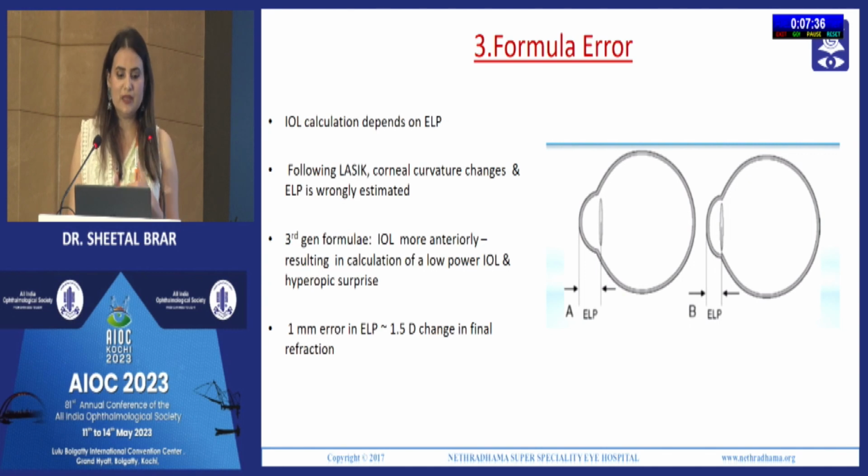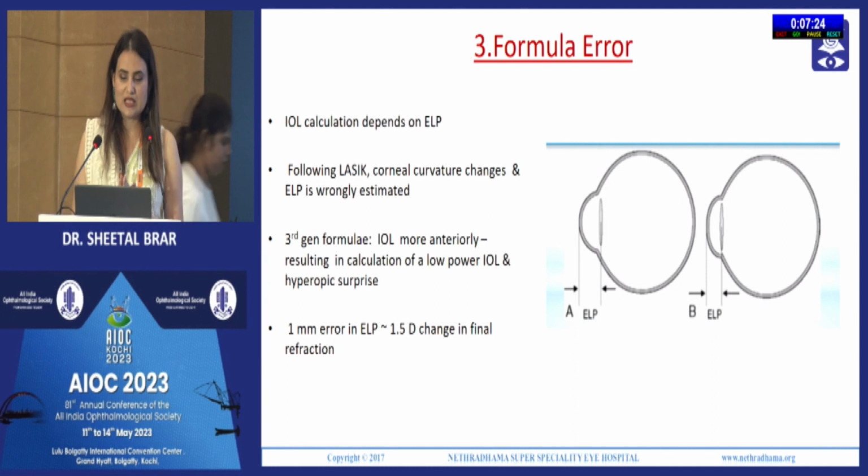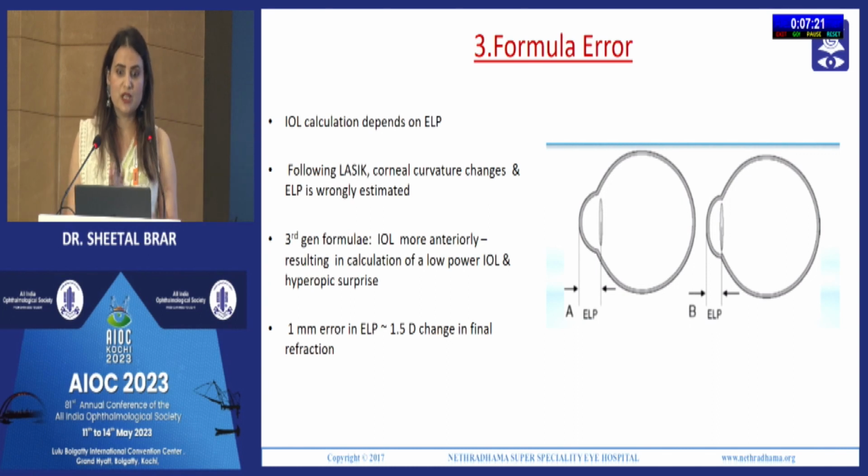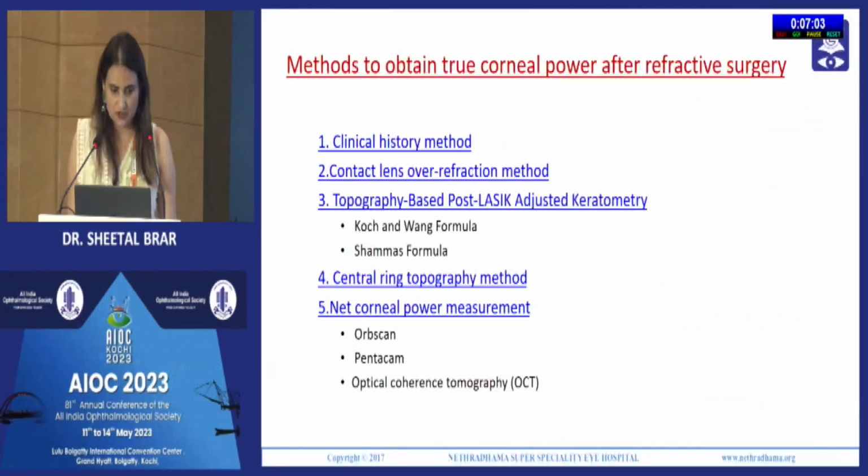The ELP in these formulae is dependent upon the curvature and also the axial length. Since the curvature flattens, these formulae estimate the position of the IOL much more anteriorly, and hence they suggest a lower powered lens, which leads to hyperopic surprise. And it has been found that 1 millimeter of error in effective lens position can result in up to 1.5 diopters of change in the final refraction.